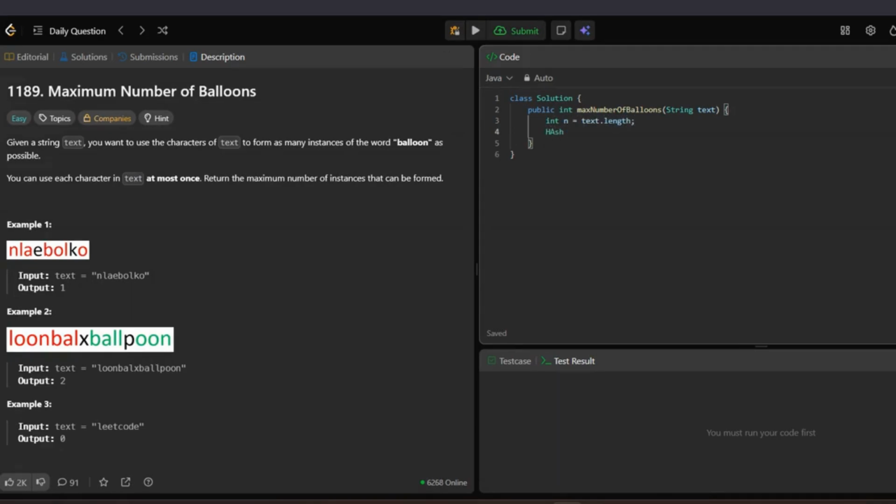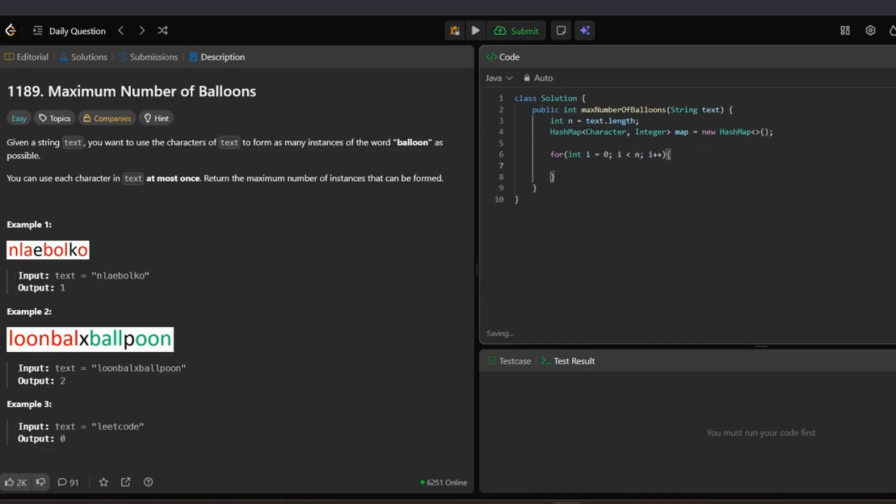Then we declare a hash map of character and its frequency, Character and Integer as the types, then map is equal to new HashMap. Then what we will do, we will iterate over the text with a loop, i less than n, then i plus plus.